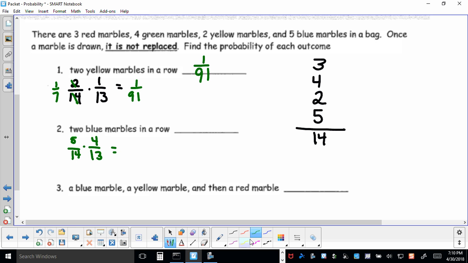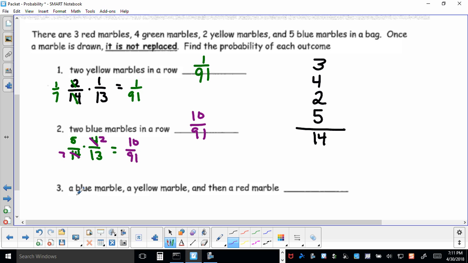So let's calculate the probability there. We can reduce this here, 2 and 7. So I have a 10 in 91 chance. So 10 out of 91 chance that I'll draw 2 blue marbles in a row. And that's higher than 2 yellows because there are more blues, so that makes sense.